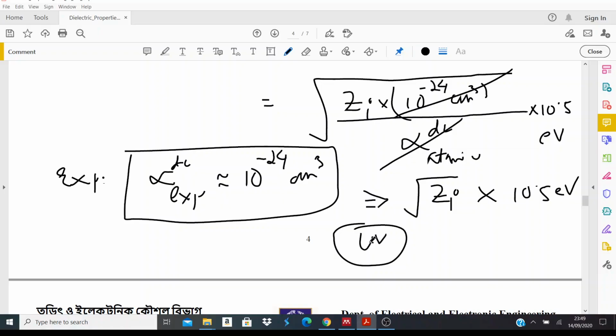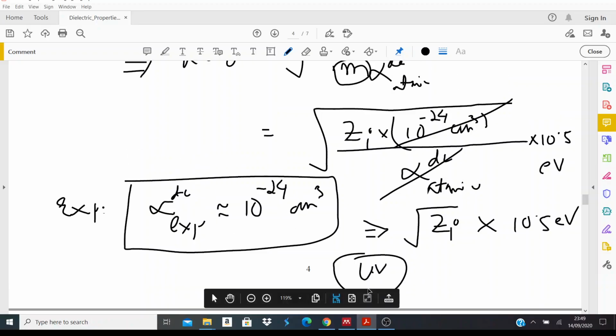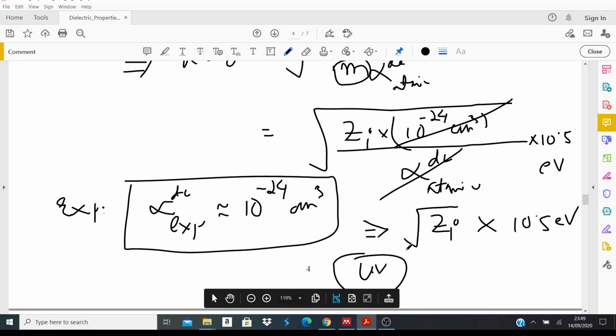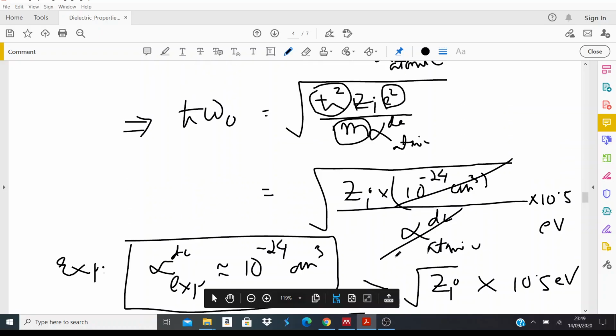The reason I am mentioning this is because you will see different polarizations react in different frequency ranges. So let's say if you go far beyond this UV frequency. Let's say you are applying a fluctuating electric field, and the electric field inside the sample is fluctuating very fast compared to this UV range. Then what will happen?